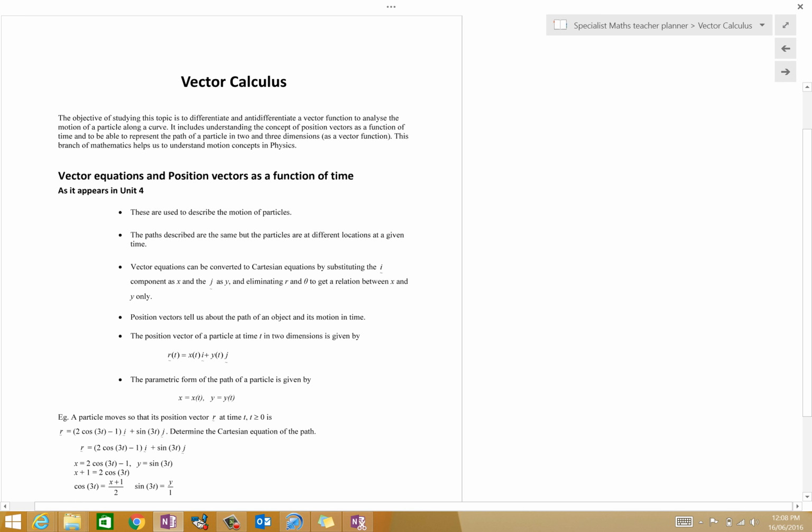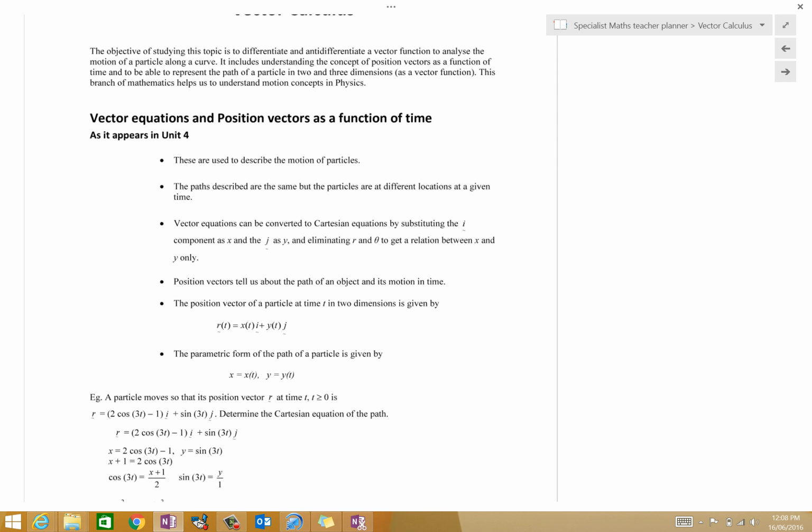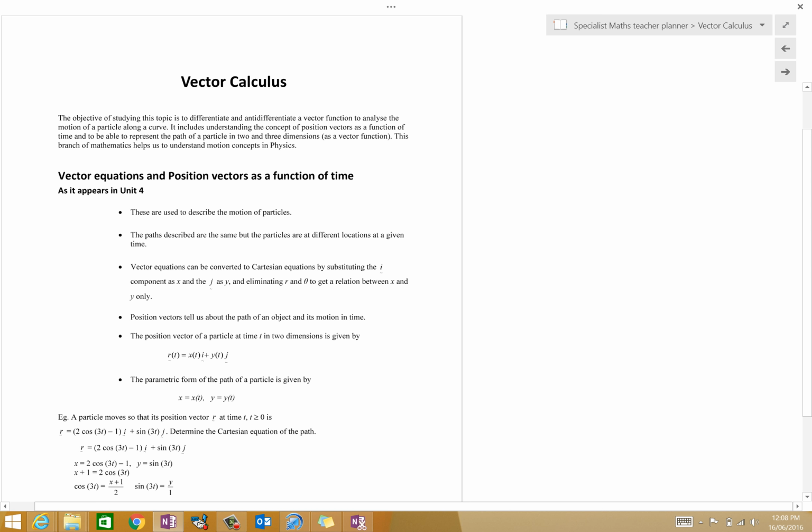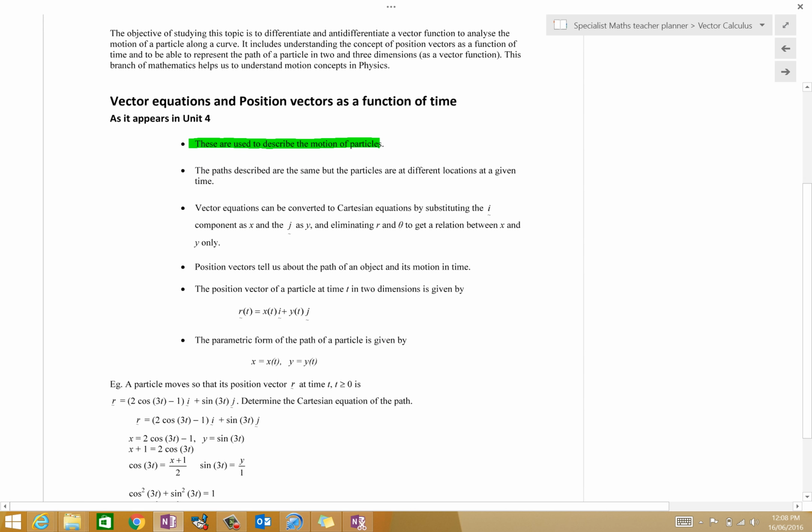Now, first of all, if I turn to the third page, it says here that vector calculus describes the motion of particles. And for the motion of those particles, we could think about two dimensions, an i and a j component, or we can think of 3 dimensions, and we'll see examples of those.